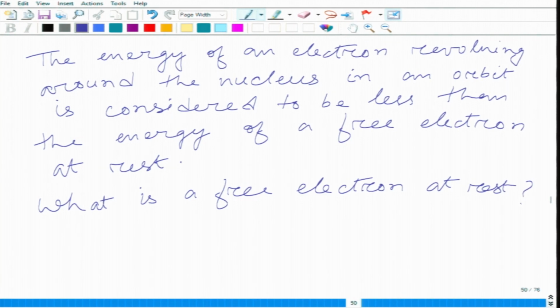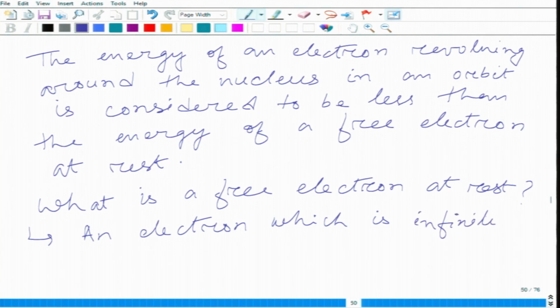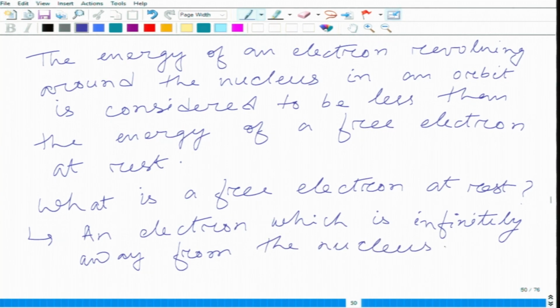A free electron at rest is an electron which is infinitely away from the nucleus. Okay.